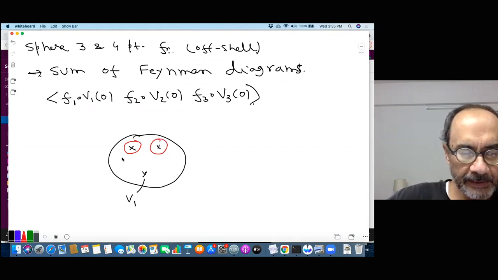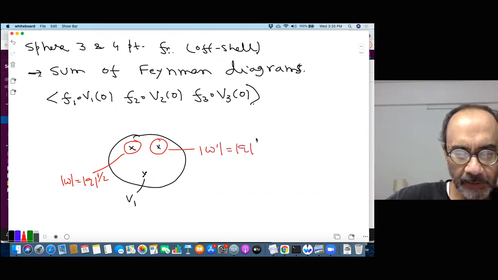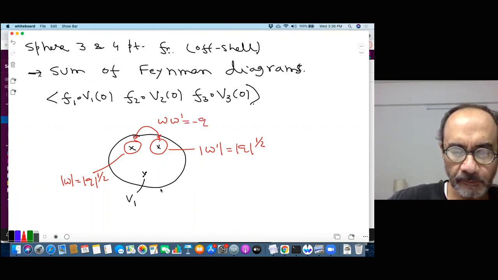So this is mod W equal to mod Q to the half, with an appropriate choice of local coordinates, mod W prime as mod Q to the half. These local coordinates are of course fixed by the choice of F1, F2, F3. Then we sew them together using W W prime equal to minus Q.